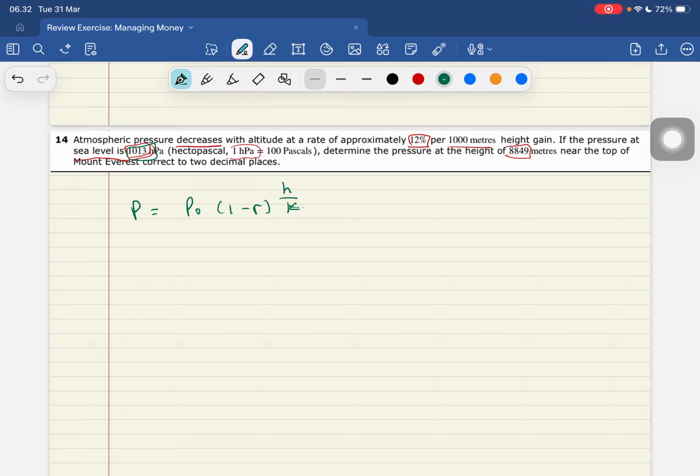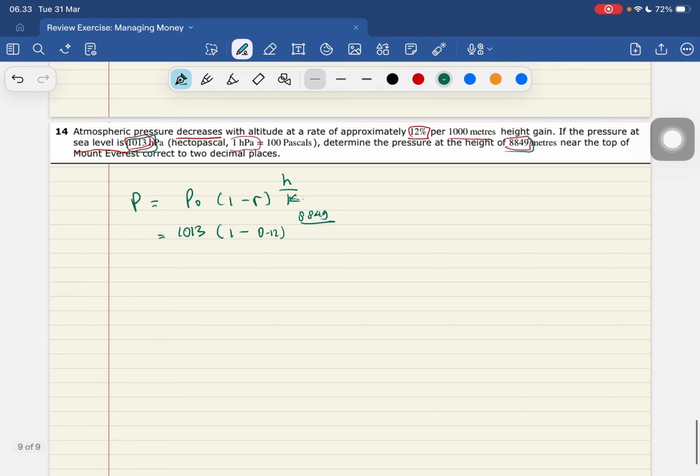So we can just substitute. Here we have 1013 times 1 minus 0.12, H is the height 8,849, divided by K, which is 1,000.